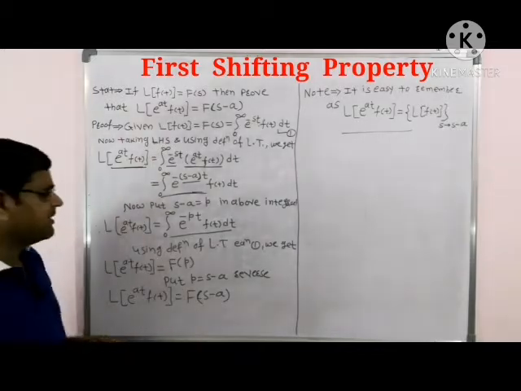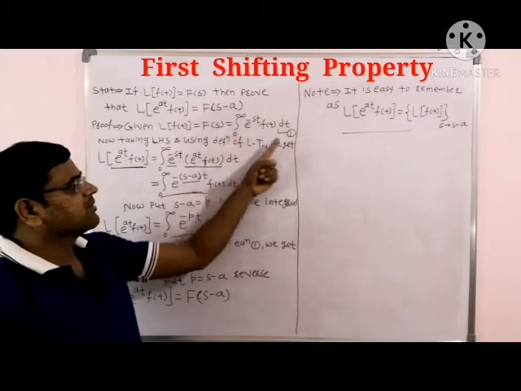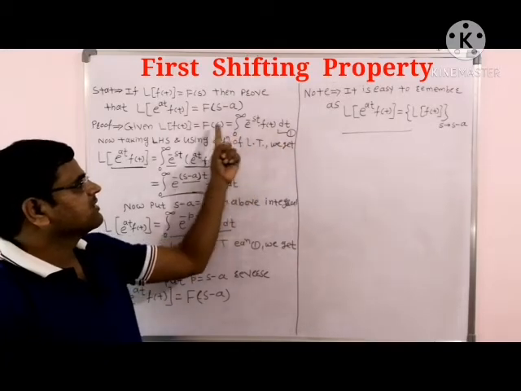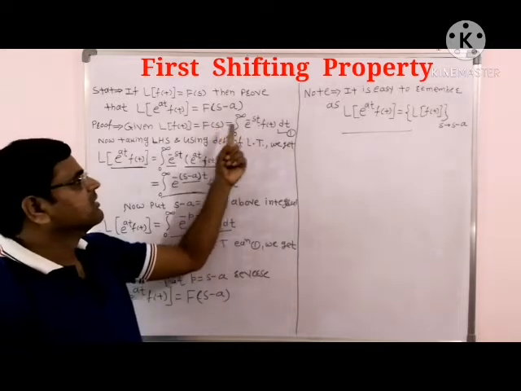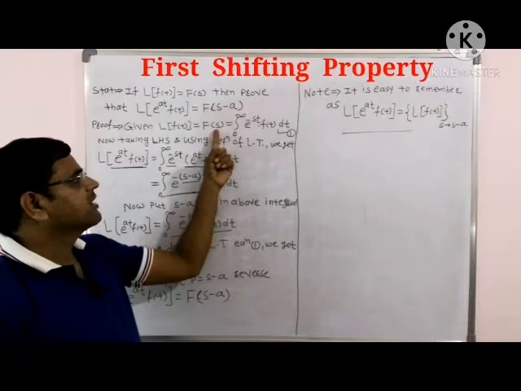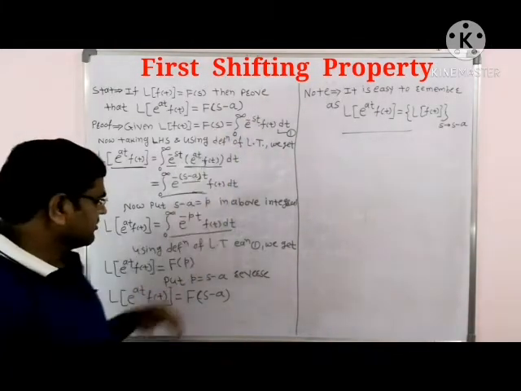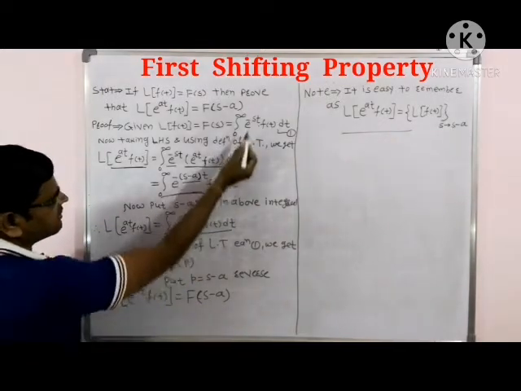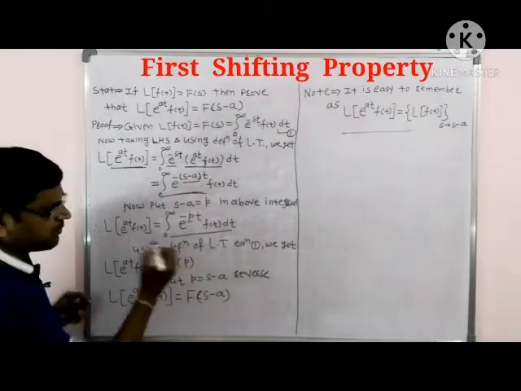Again by using the definition of the Laplace transform, or equation number 1, this can be written as F(s). If there is y, we write y; if there is x, we write x. In this way we can use this definition. Here it is p, so we write F(p).